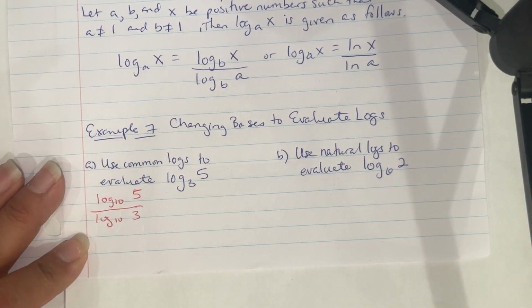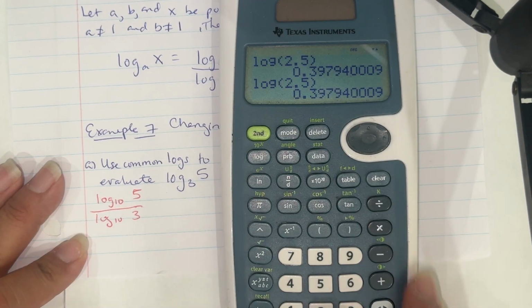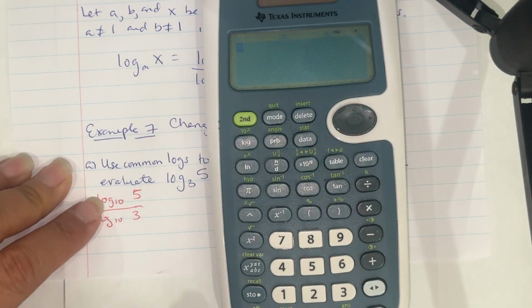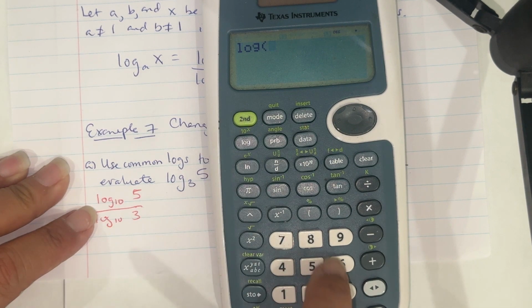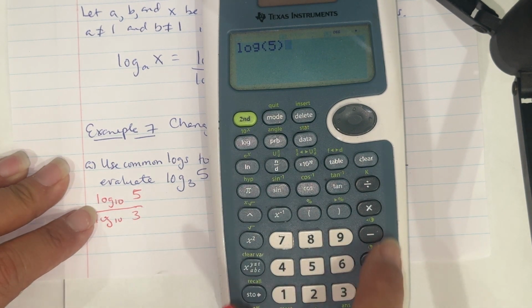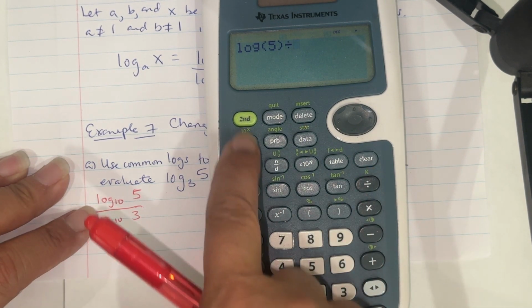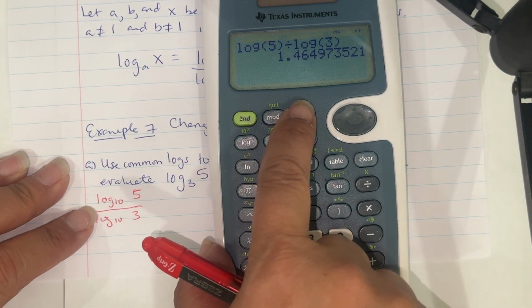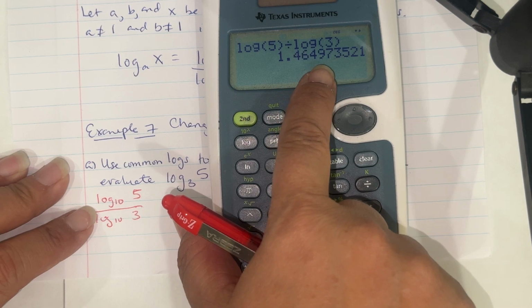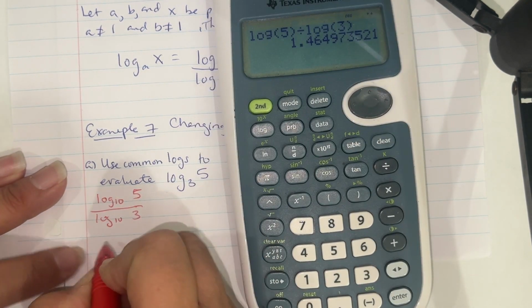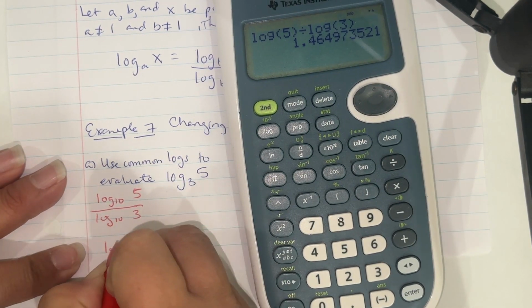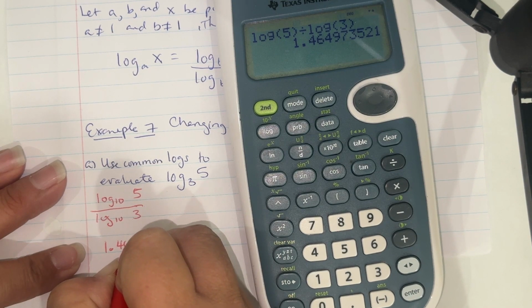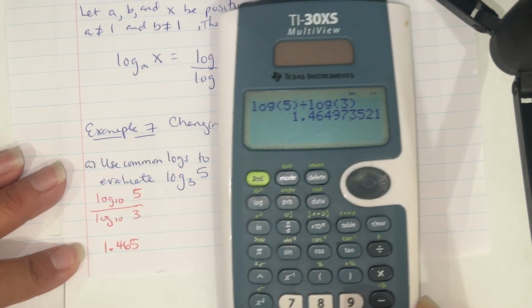Using the calculator, we're going to do the log of 5 divided by the log of 3. And it results in 1.46497. So it gives us 1.465, because I went to three decimal places.